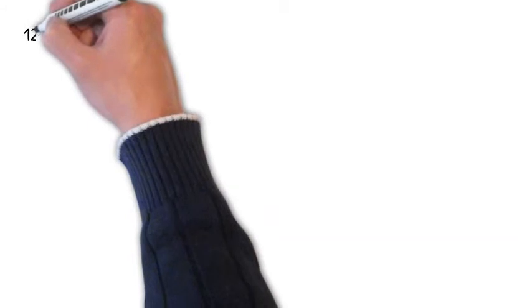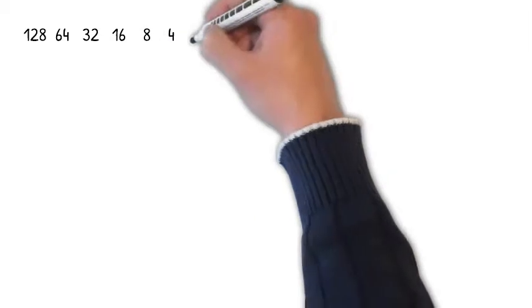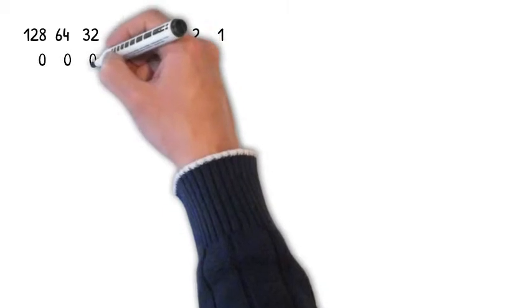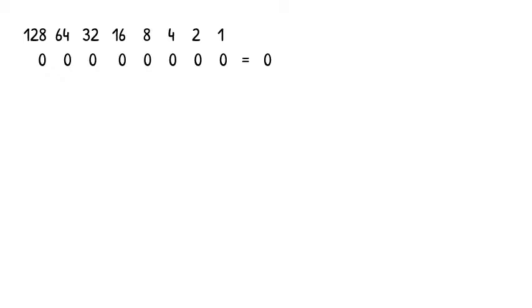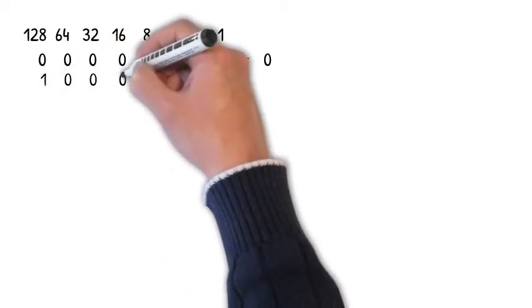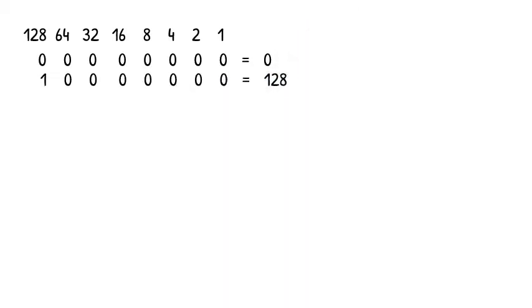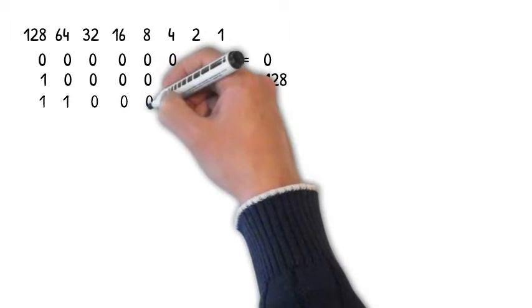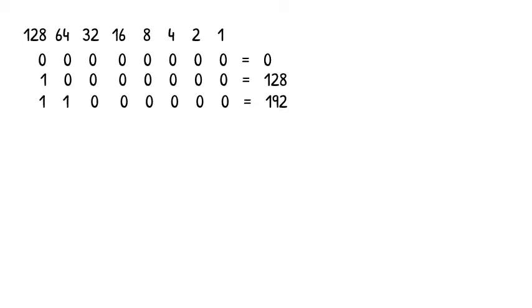So because of this rule, only certain values are allowed to be in a subnet mask. In fact, if you remember our binary chart, 128, 64, 32, 16, 8, 4, 2, 1, what happens is if we have all zeros here, it gives us a value in decimal of 0, and that's a valid value for a subnet mask. So is 10000000, which gives us a value of 128, and 11000000, which gives us a value of 192, and so on and so forth.